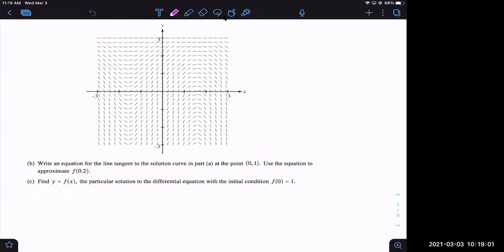You're done. You have cosine multiplied by 0.2 plus 1. No, you can't use a calculator.